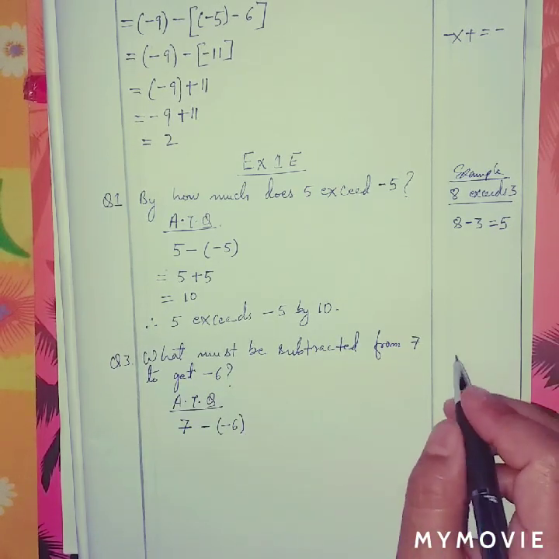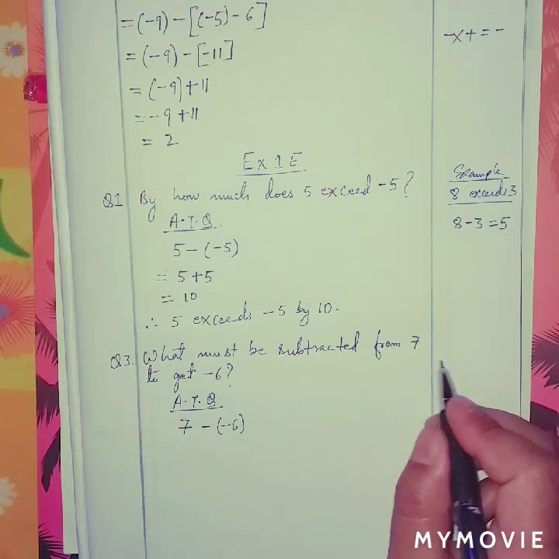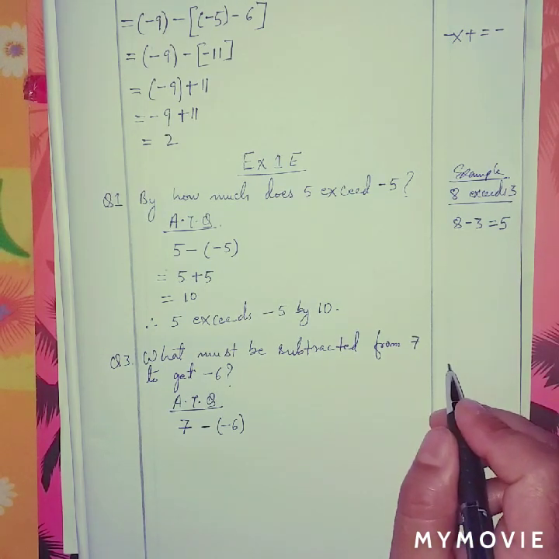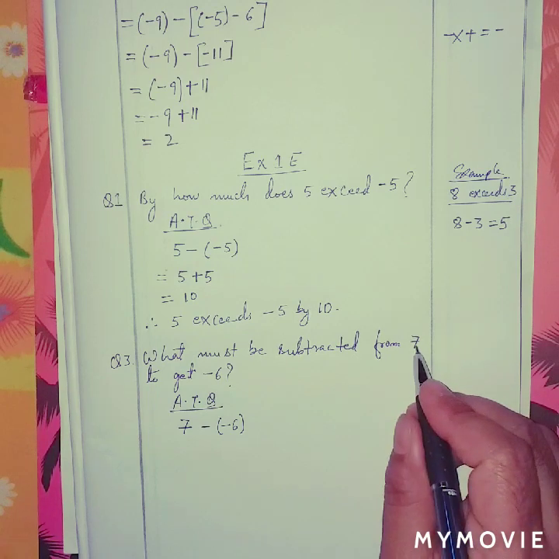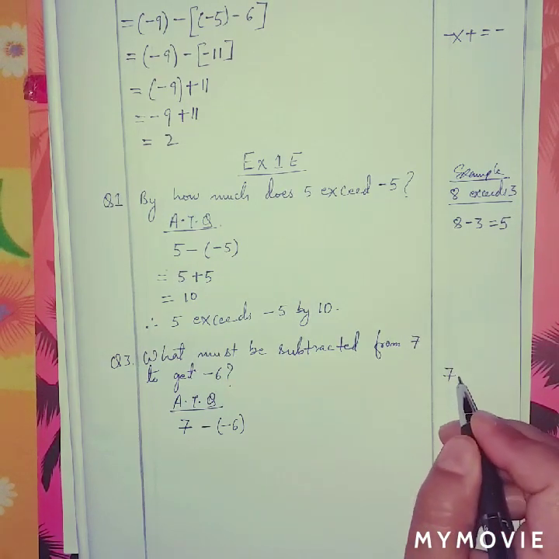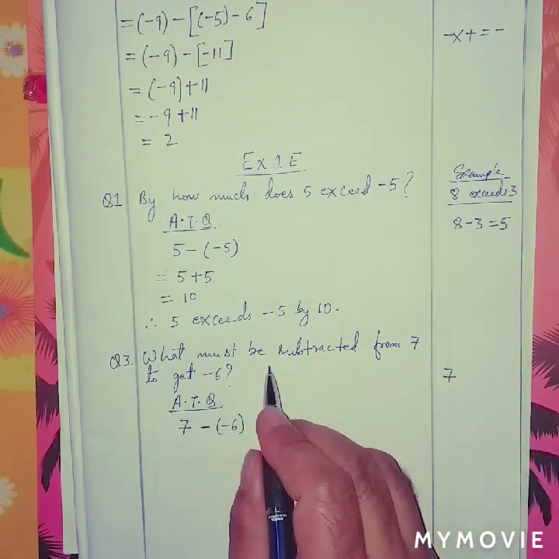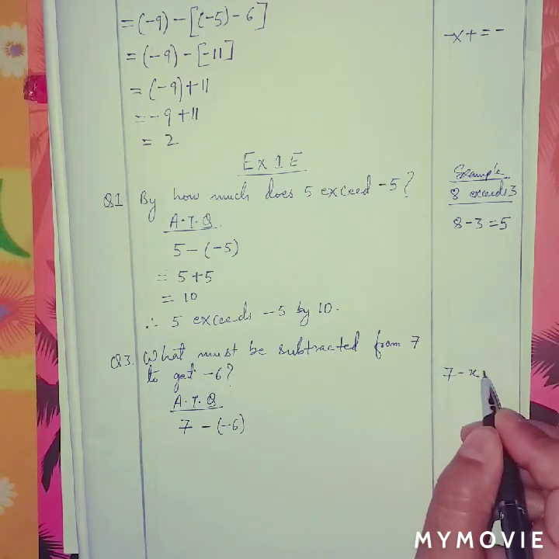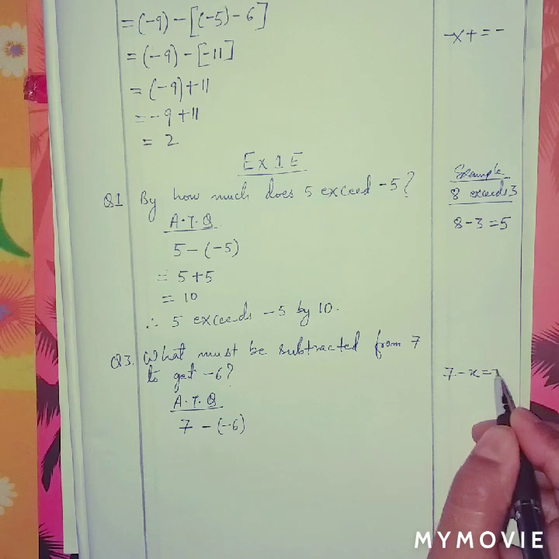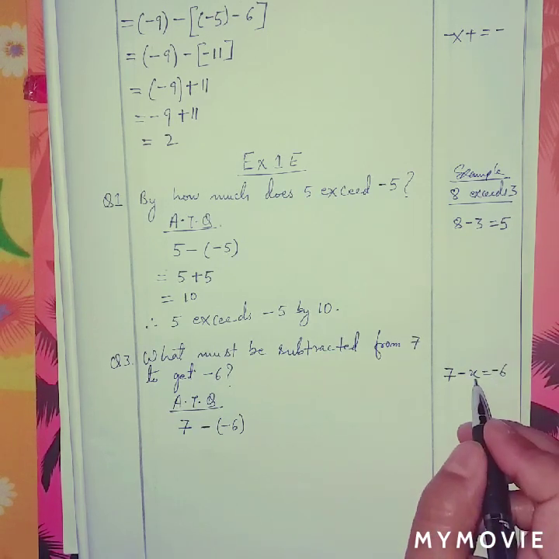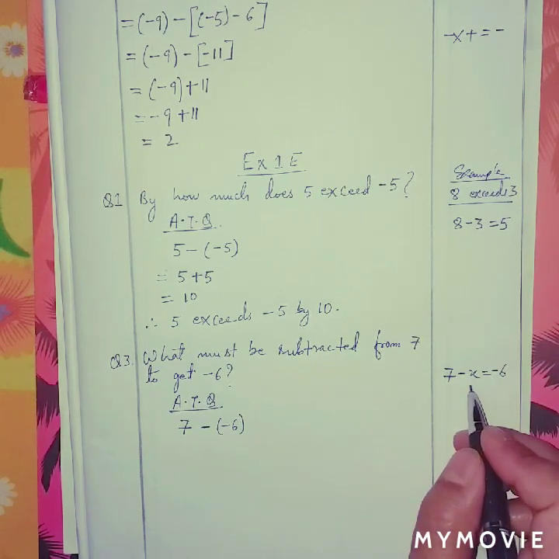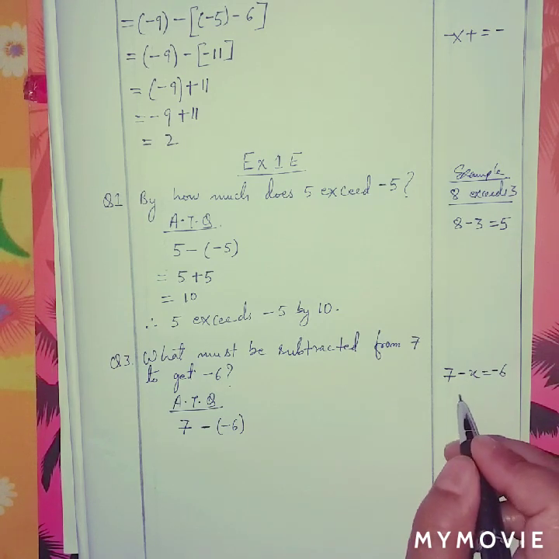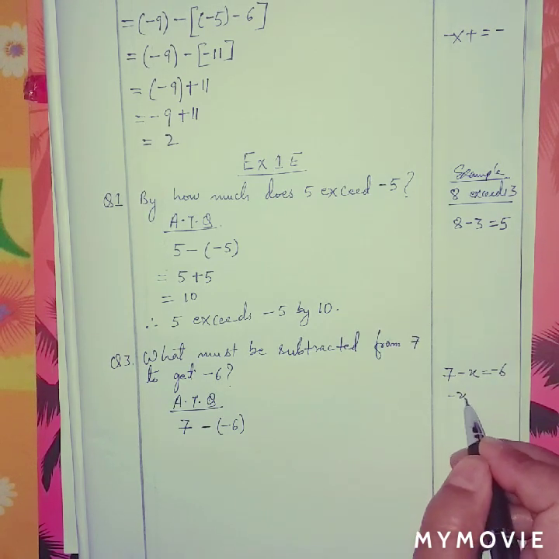Let us take the help of algebra. Suppose I am writing 7 here, and x must be subtracted from this to get minus 6. Now if we solve for x, we get the value. Minus x is remaining here only.